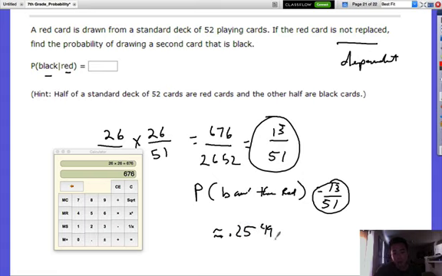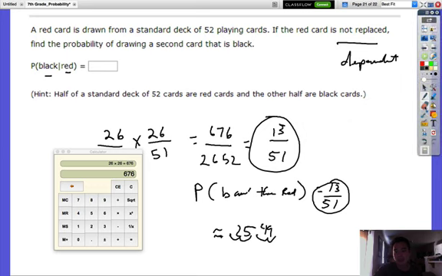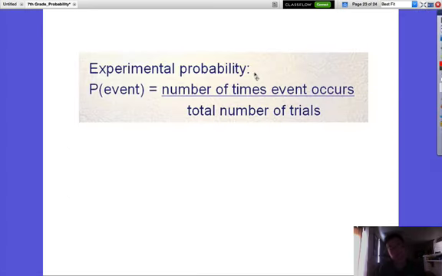Multiply that by 100, or move your decimal twice to the right. So that would be approximately 25.49 percent. So about 25% of the time, when you pull out a card and it's black, leave it out, pull out another card, it's going to be red. 25% of the time.